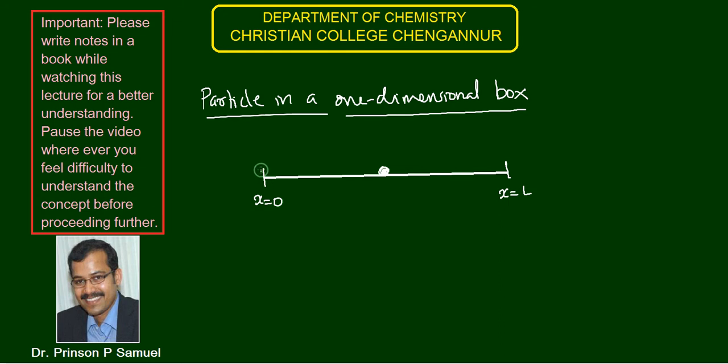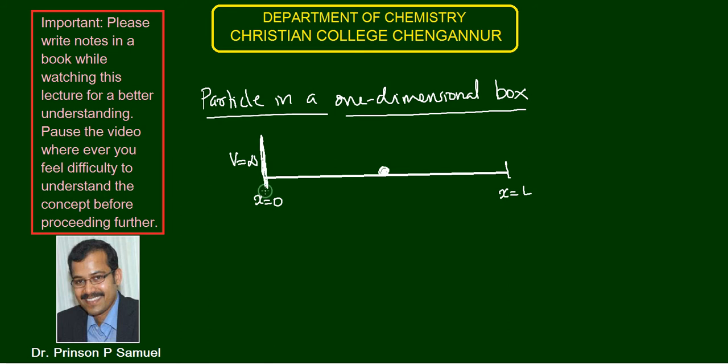And how is the motion restricted in this region? That can be specified simply by saying that the potential energy of the system is infinity once the particle crosses this boundary.